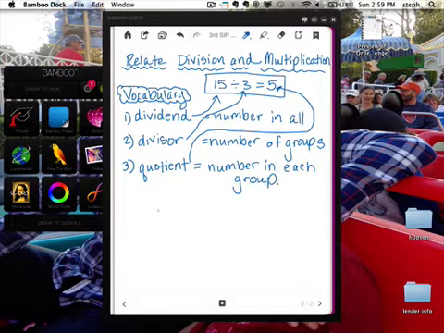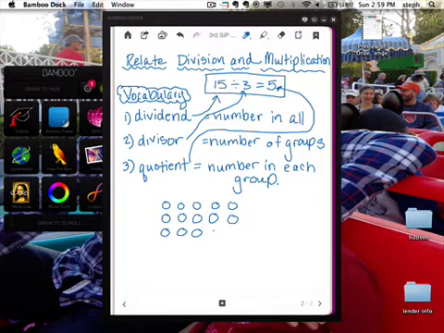Okay, so let me show you what I mean. You know Mrs. Jakes likes to have visuals. So we are going to draw 15 circles. So I'm going to draw 1, 2, 3, 4, 5, 6, 7, 8, 9, 10, 11, 12, 13, 14, 15.